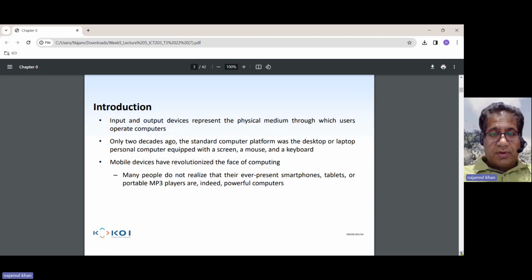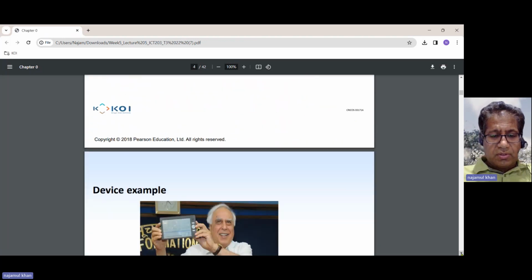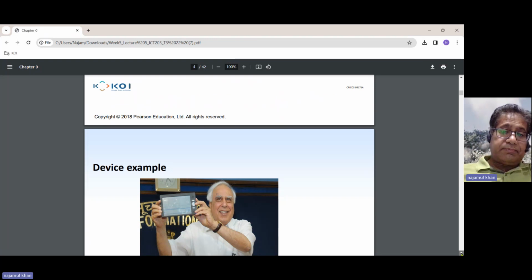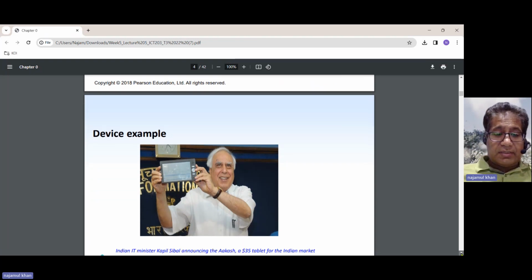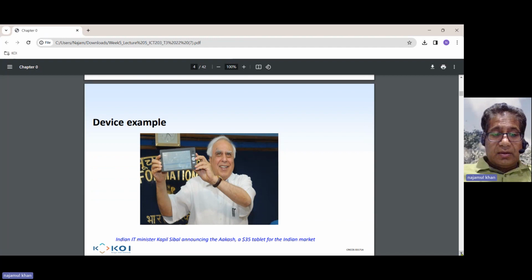Anyway, guys, let's keep moving here. We're going to look at some more things as well. This is an example of a display. This device is like the one Indian IT Minister Kapil Sibal announced, the Akash, a $35 tablet for the Indian market. It sums up well: a cheap tablet designed for the Indian market and displayed by their minister.